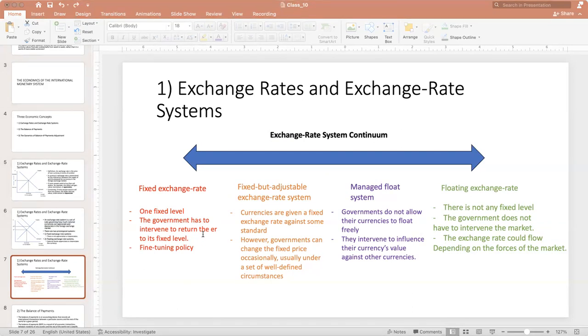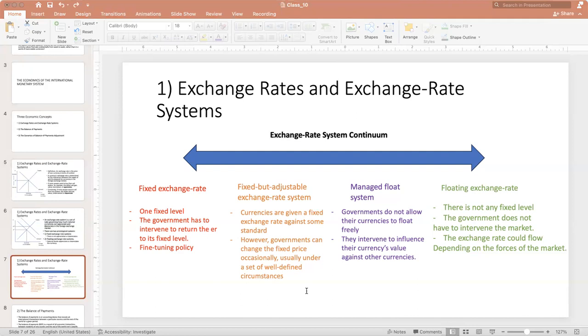The main points of a fixed exchange rate system could be, I don't know, five different features.